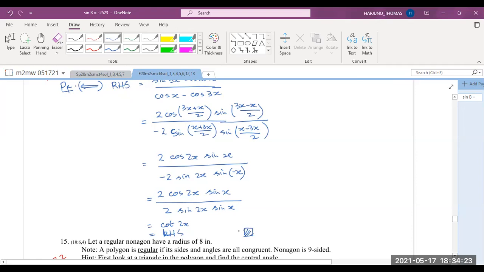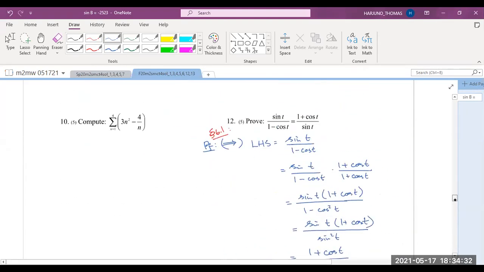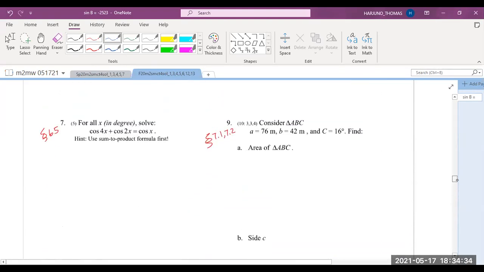Okay, that's for number 14. Oh, so I did number 14. Now let's apply that here. Use the sum to product formula.